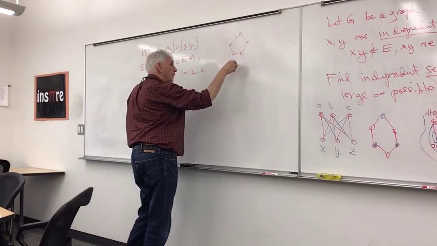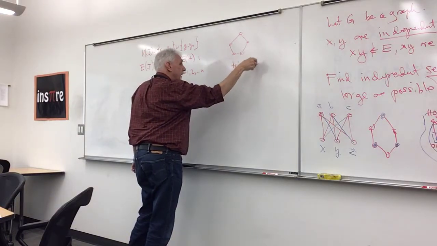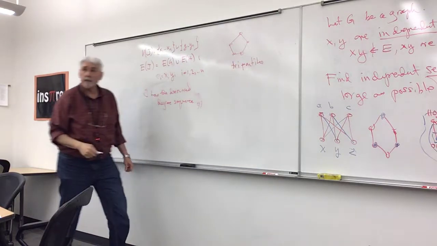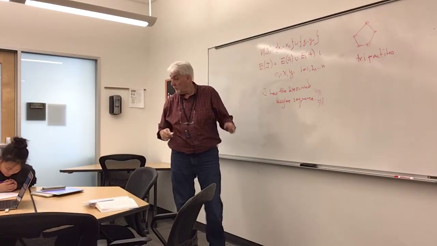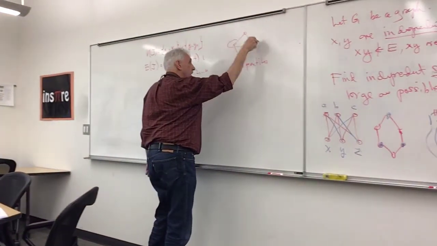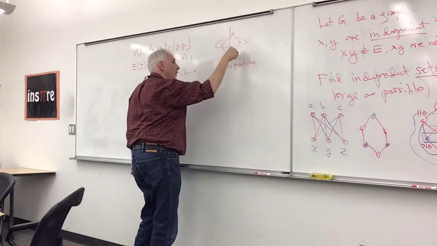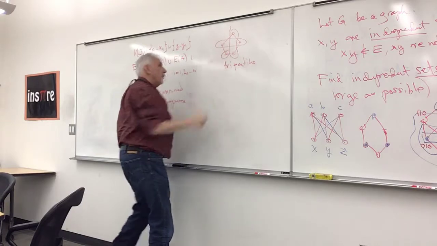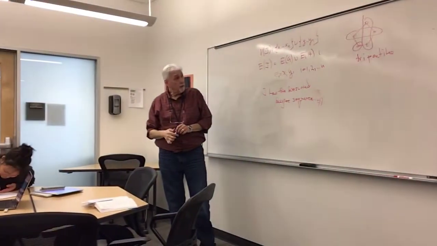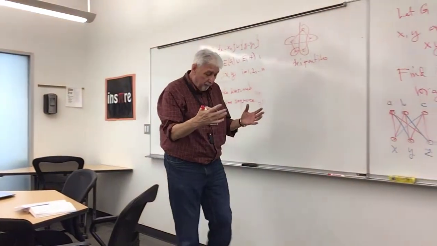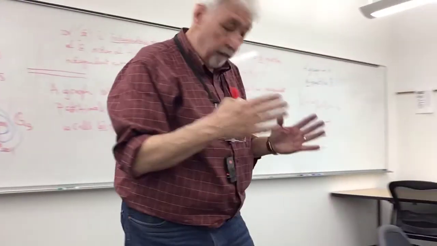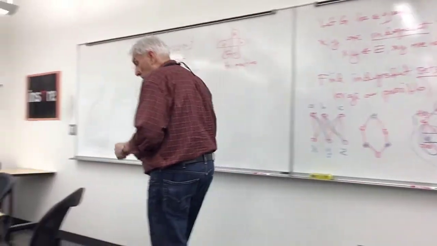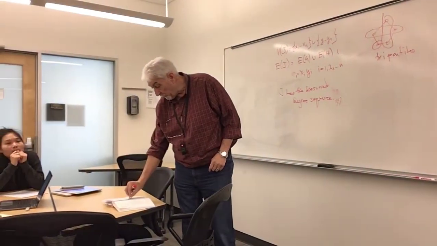Can you partition the vertices into 3 pieces so that the 3 sets are all independent? I'll trust that you can do that. Okay, you can even have a single vertex in a set. Now it's going to be a matter of finding that smallest k, and we're going to look at problems where determining that k becomes important for what we're trying to establish. Okay, questions about this?